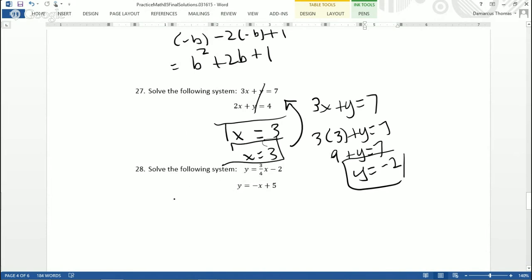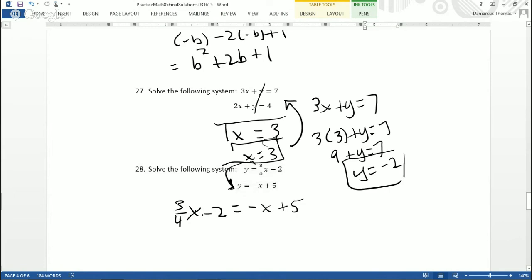Again, solve the system of equations, set them equal to each other. Since y is equal to 3/4 x minus 2, plug it into that y. We're substituting the value of y.